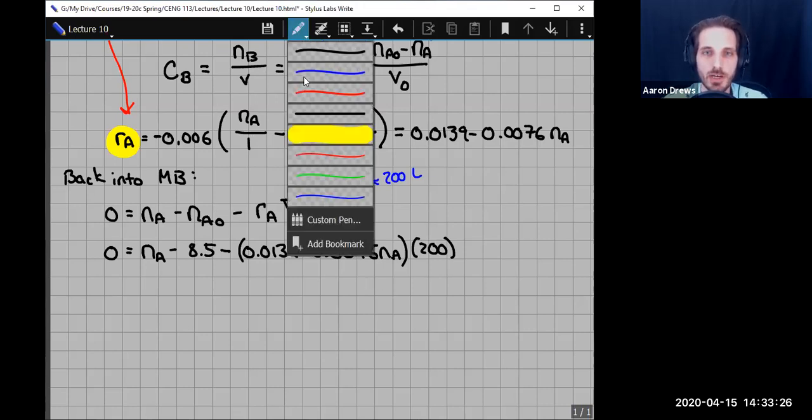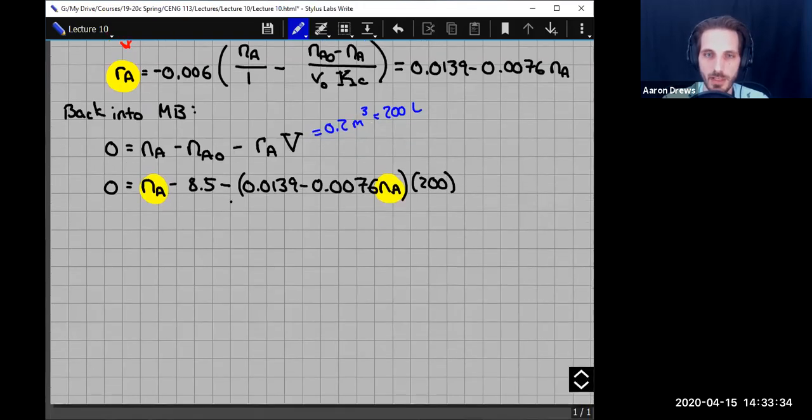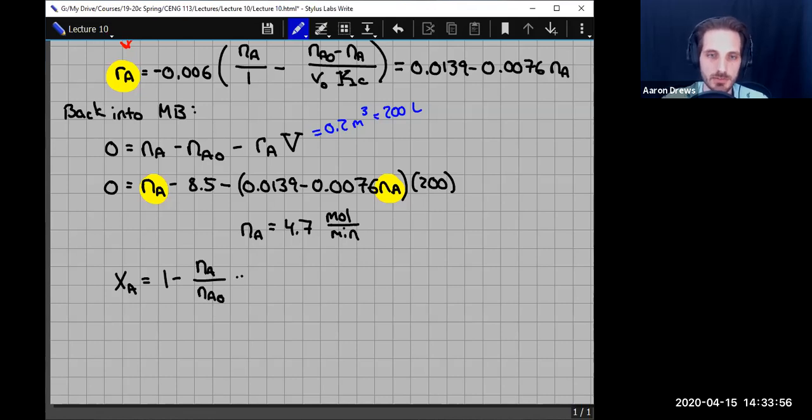And what we see is we've got one equation with one unknown, right? We've got an NA here and an NA here. Everything else is a number. And so we can solve that expression. NA is going to be equal to 4.7 moles per minute. The question, though, asked us for the conversion of A. So we just use the regular old definition of conversion that we've used previously, which is in minus out over in.